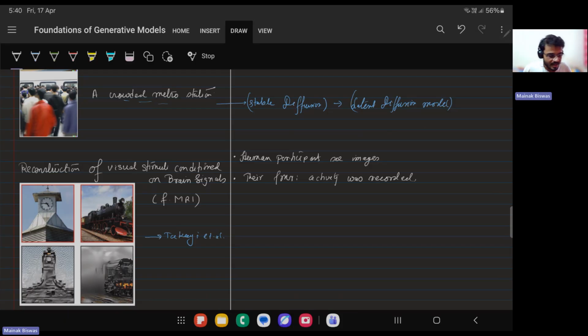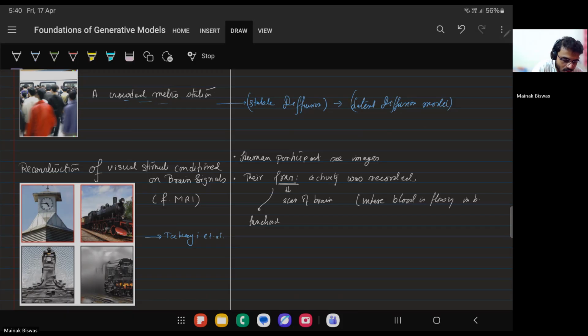So what is fMRI? fMRI is functional magnetic resonance imaging. You all know what MRI is. It's the scan of the brain. And this gives us a functional scan of the brain. It tells you where blood is flowing in the brain and how.